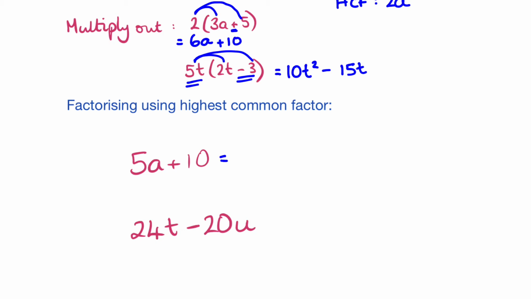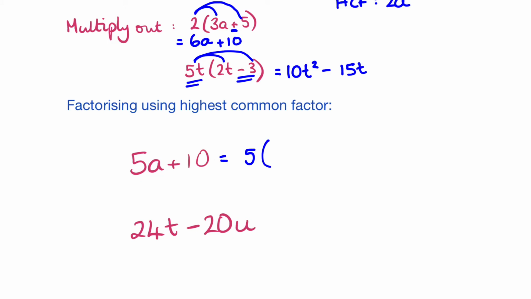In other words, what's the highest times table where you will find 5 and 10 in the times table? It would be the 5 times table. And then we have a look. We haven't got an a in the second term, so a is not a common factor. So 5 is the highest common factor.